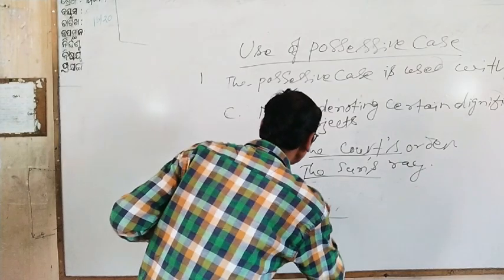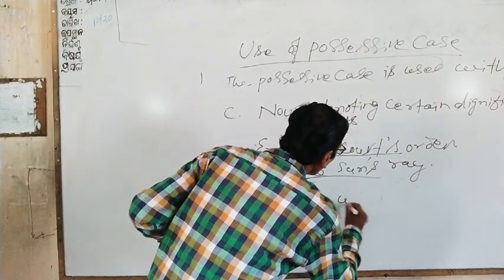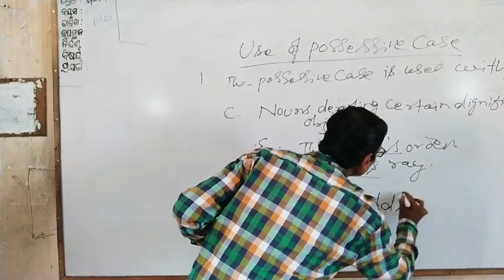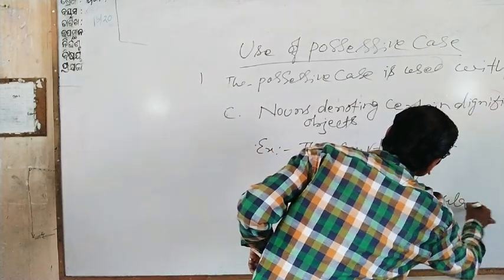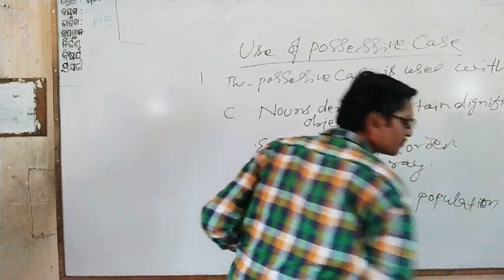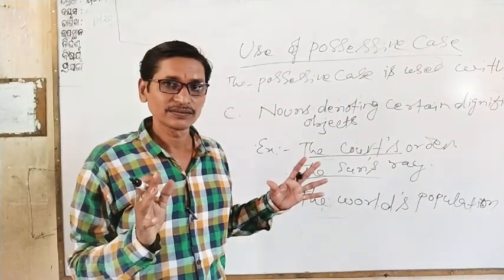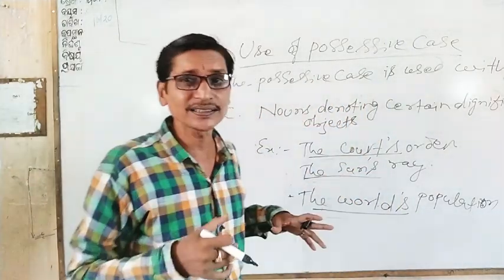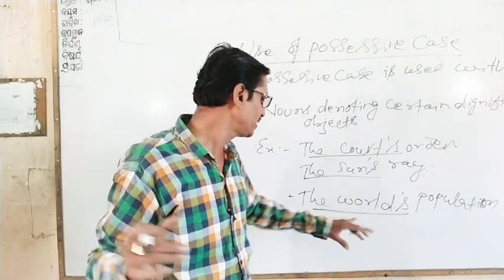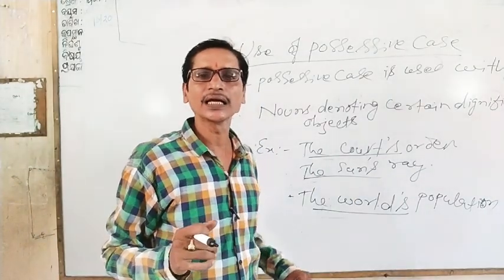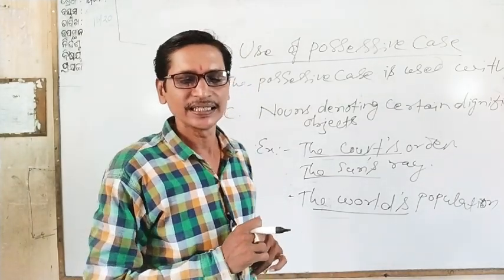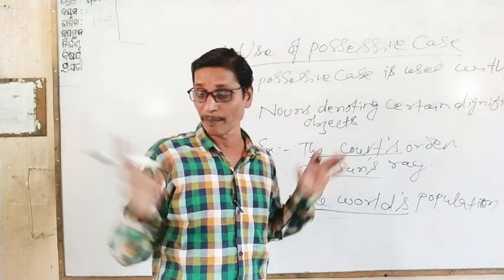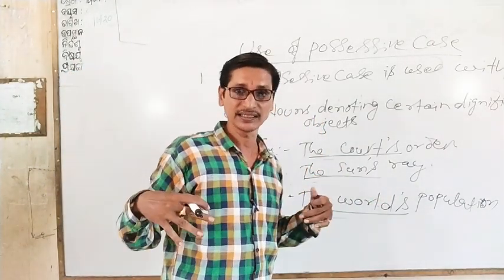Similarly, we can say the world's population. We are talking about the world's population. That means here the world is a dignified thing. So here we have given the possessive case to this noun. You will come across many such examples when you read or listen.